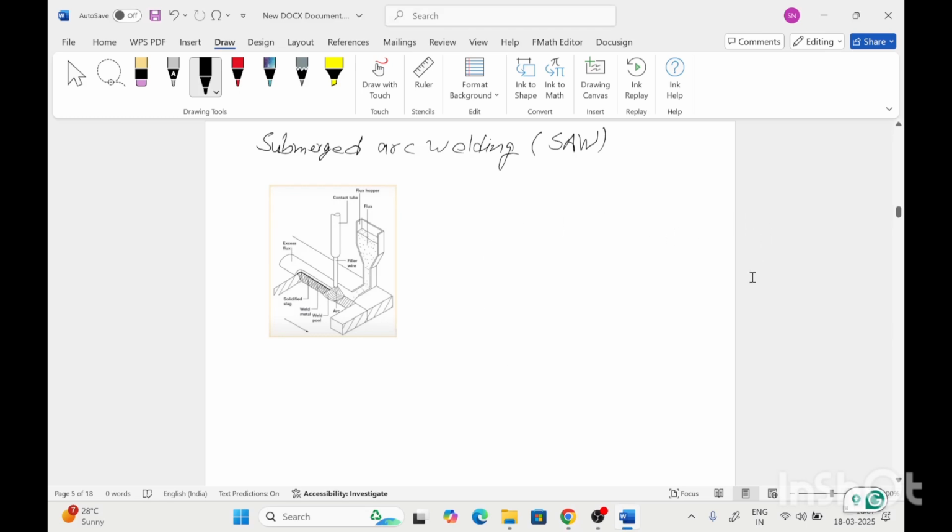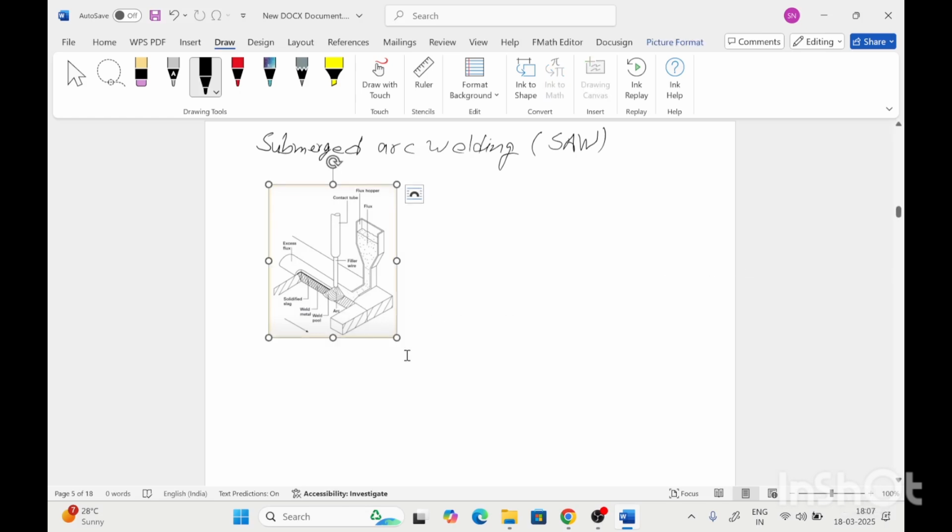In submerged arc welding, the arc is shielded by flux, a coarse granular flux that is used to shield the arc.